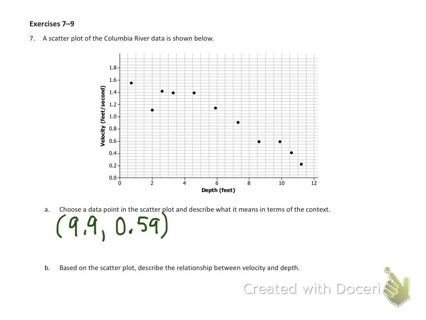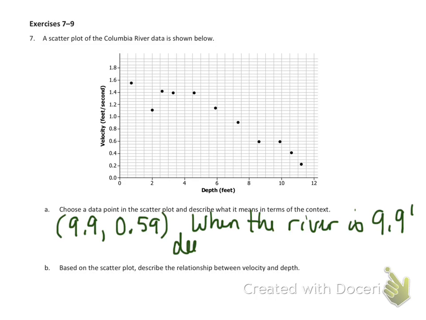And that means that when the river is 9.9 feet deep, the current is 0.59, and the units on that are feet per second.